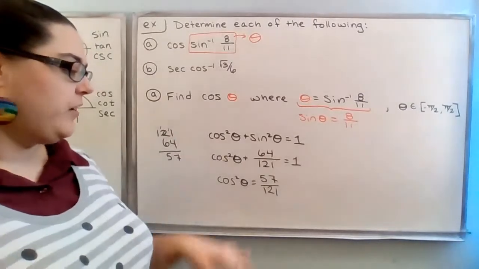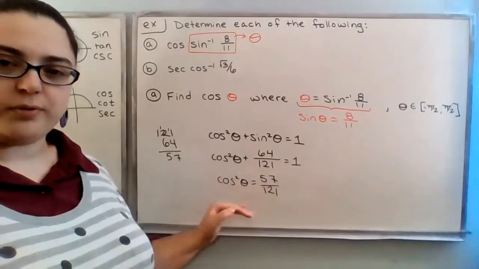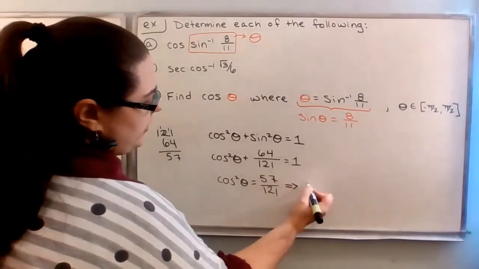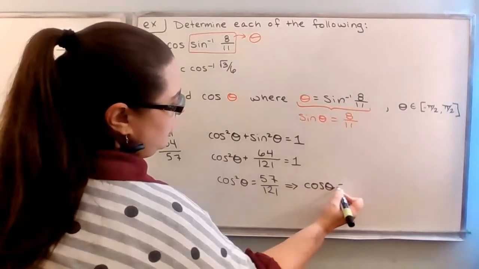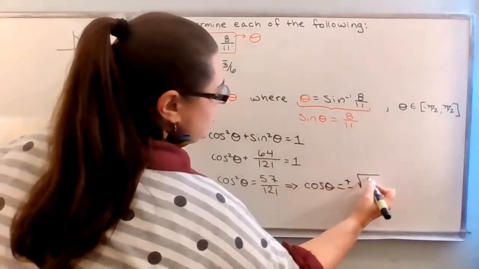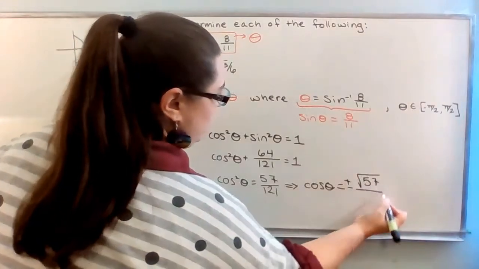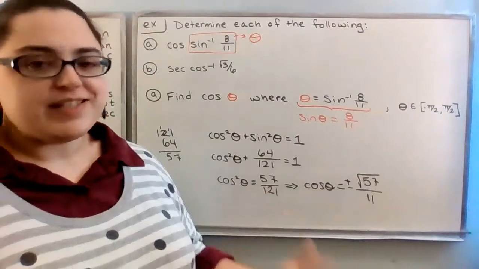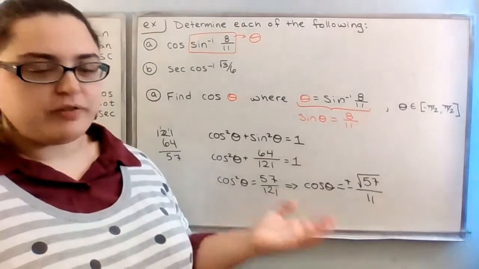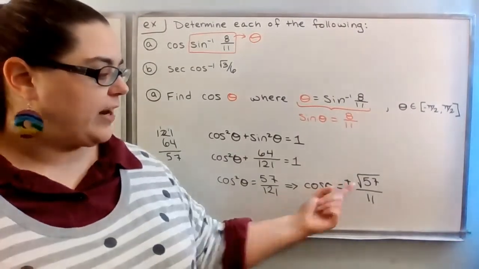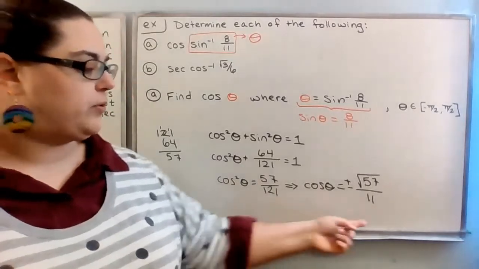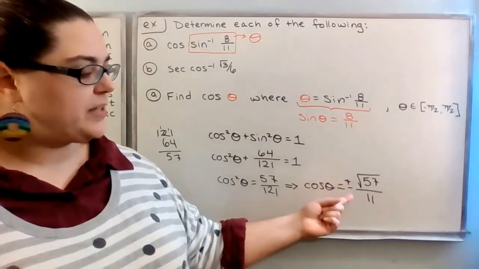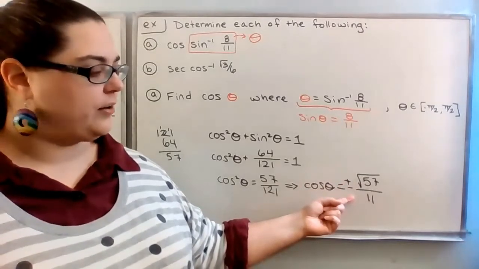So to solve for cosine, we're going to square root both sides of that equation, and we get that cosine of theta is plus or minus the square root of 57 over 11. Now 57 doesn't have any perfect square factors, so we can't simplify that radical any further, but I did square root 121 to get 11 back. So now we just have to figure out whether we want the positive or the negative radical.